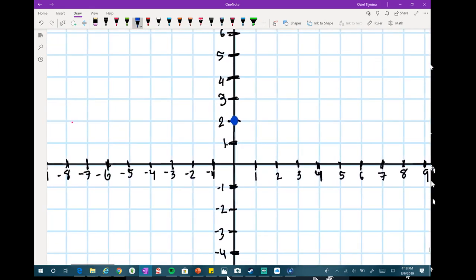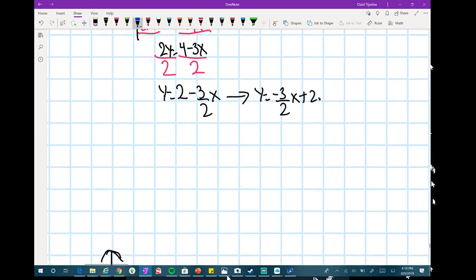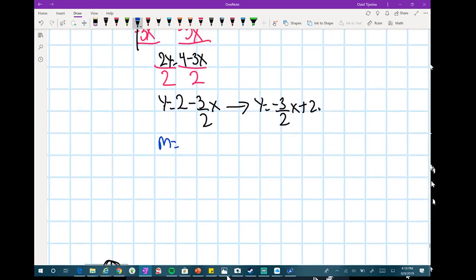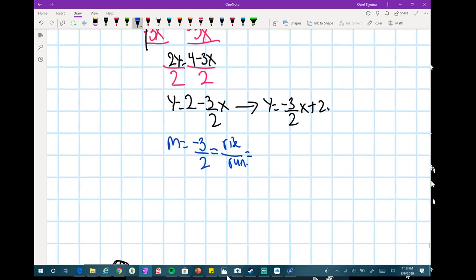So rise over run: m equals rise over run, so you rise negative 3 units, and then run 2 units.